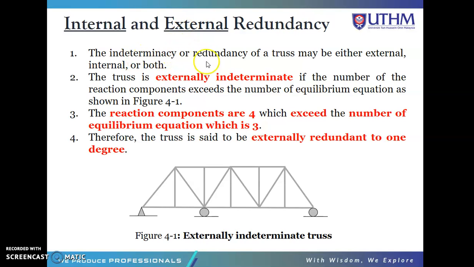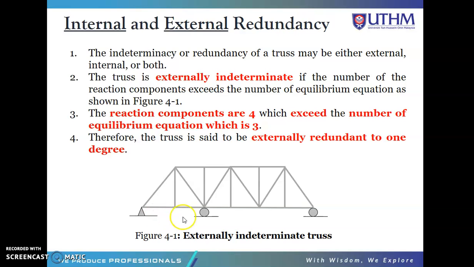The indeterminacy or redundancy of the truss may be either external, internal, or both. The truss is externally indeterminate if the number of reaction components exceeds the number of equilibrium equations.